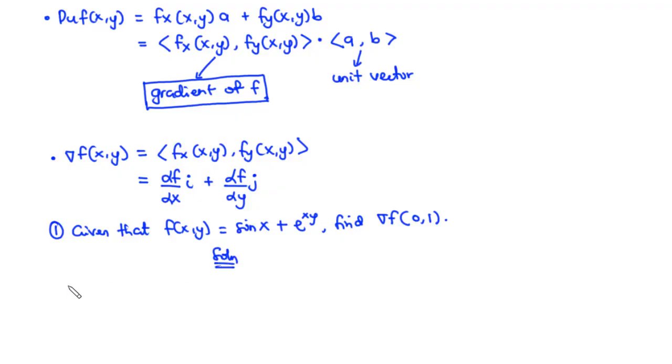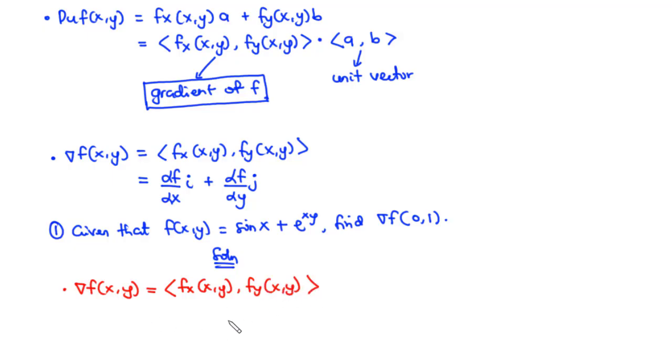So we know that the gradient of a function of two variables x, y is given by the vector which has components f_x(x,y), comma, f_y(x,y).